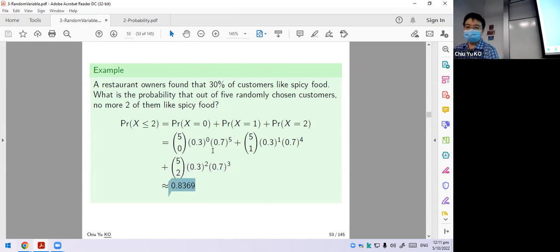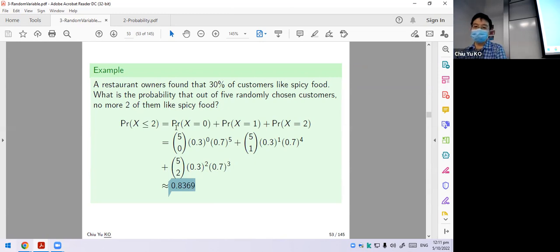If you're the restaurant owner, you probably don't need to prepare more than 2, because it is very unlikely, only 17%, that you have more than 2. So basically you just need to prepare at most 3, or even 2 of the food, and that would be sufficient.